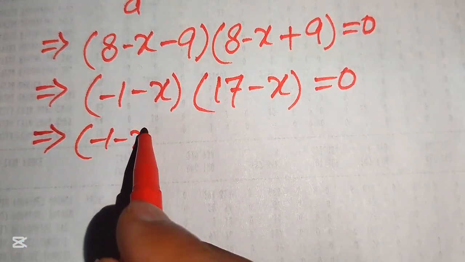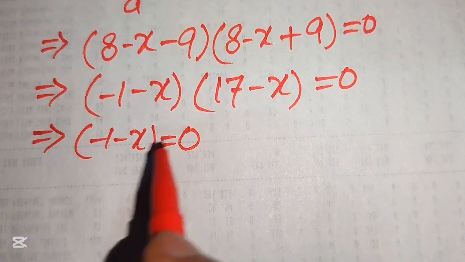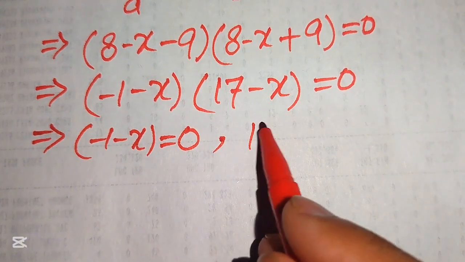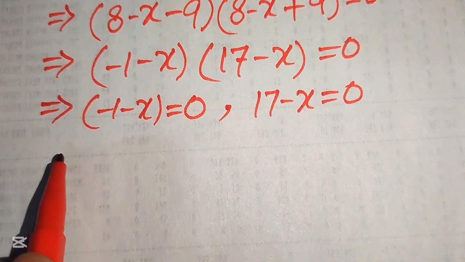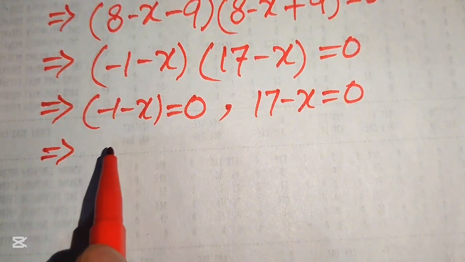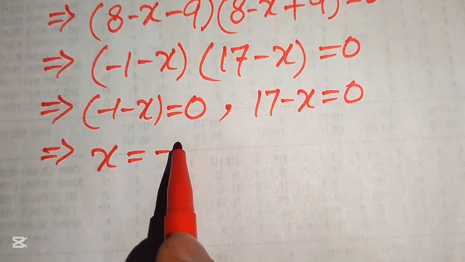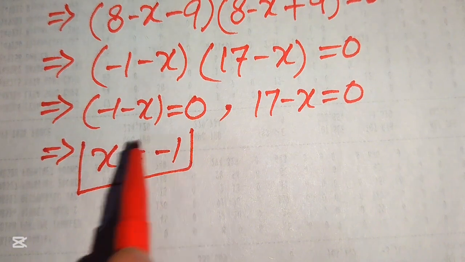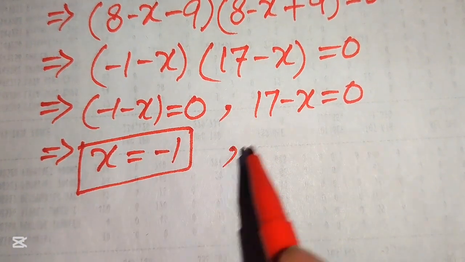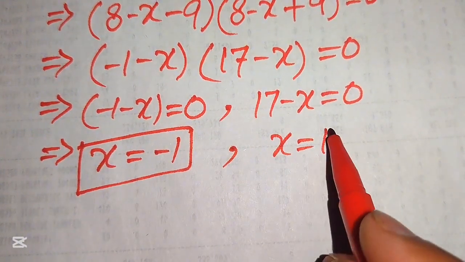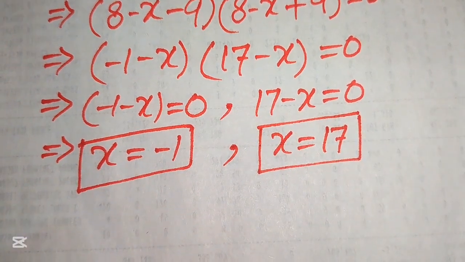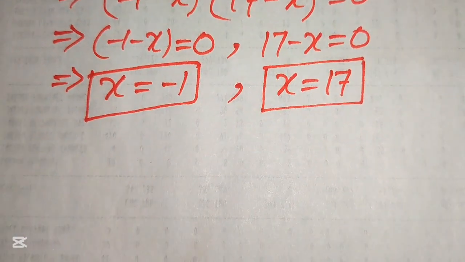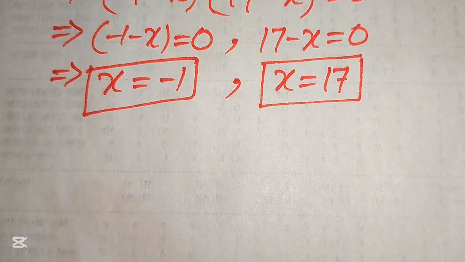The first case is −1 − x = 0, and the second case is 17 − x = 0. From the first case we easily get x = −1, and from the second case we easily get x = 17. So these are the two values of x which we get from the first method.